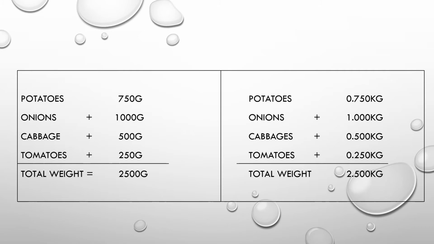Now when we add in kilograms, 750 grams will become 0.750 kilograms, 1000 grams will become 1.000 kg, 500 grams will be 0.500 kg and 250 grams will be 0.250 kg. So the total weight will be 2.500 kilograms.